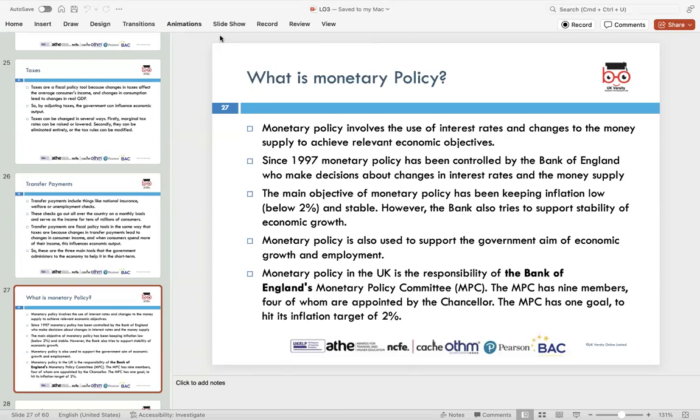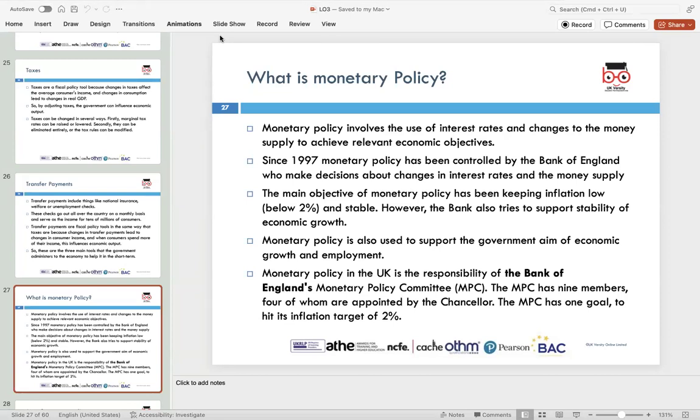Well, the fiscal policy is set by the government in the country. Yes, that's correct. And monetary policy is set by the national bank of the same country? Yeah, it's the Bank of England. Okay, that's correct. Spot on.